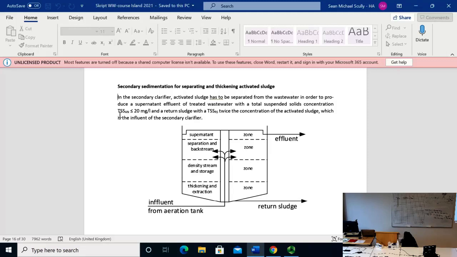So, if you get stormwater, you have a higher hydraulic load, so more sludge from the aeration tank will flow over into the secondary clarifier. This is a zone that has mostly to do with hydraulic variances, and there we talk about stormwater. In stormwater, you have different conditions than in dry weather. And this is then the zone for thickening and extraction.